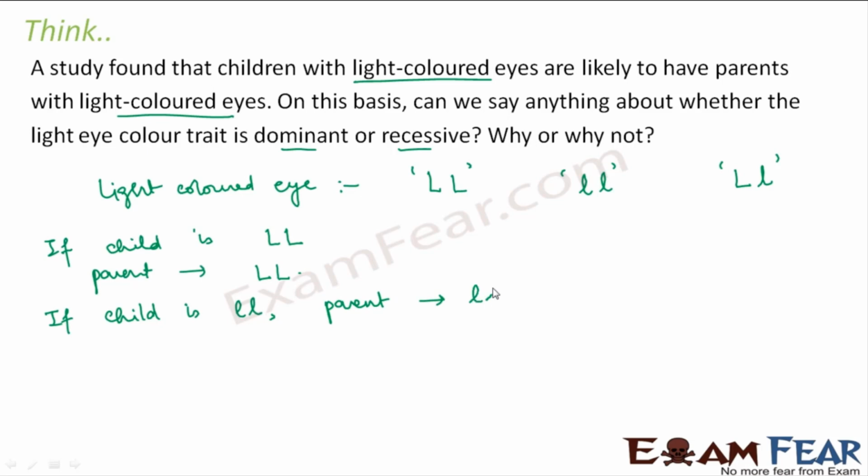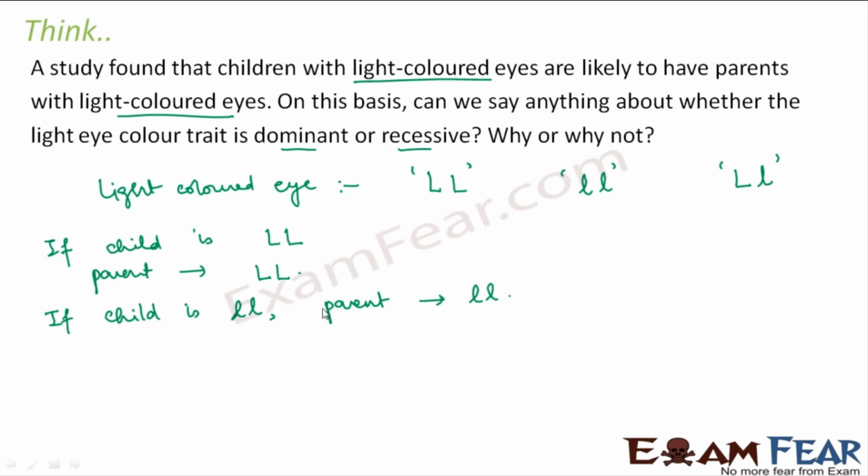The parent should also be small l, because it has got small l from both the parents, right? So the parent should also be small l and small l. So in this case, we cannot say whether the eye color is dominant or recessive, because this information is not enough. There is a possibility that the trait is recessive, but since both the parents have light colored eyes, the child will also have light colored eyes, right?